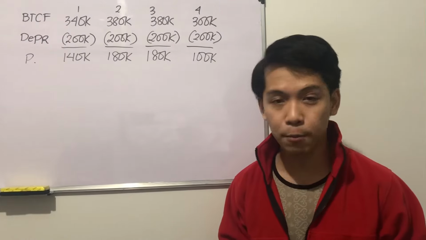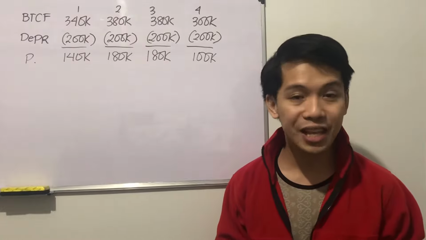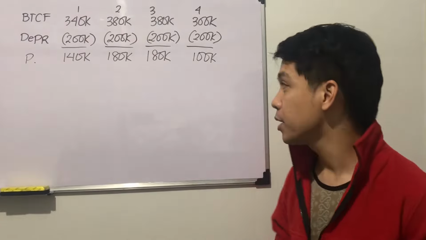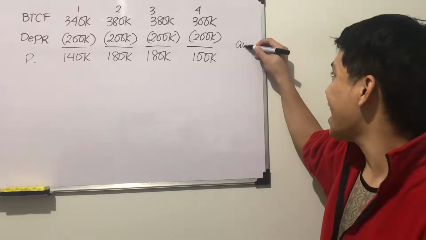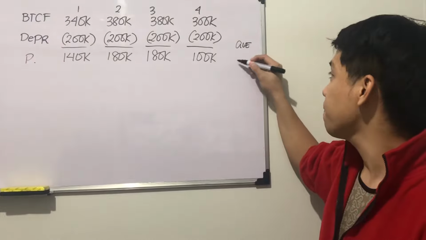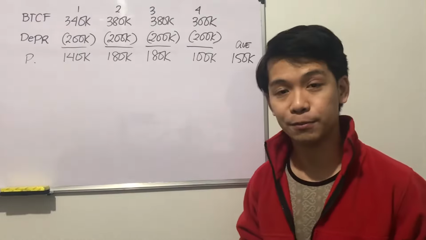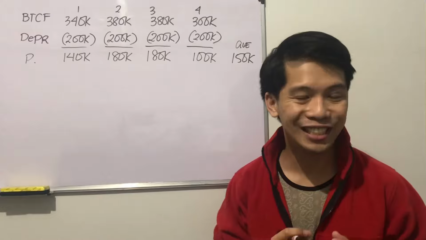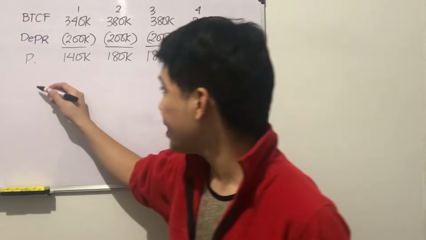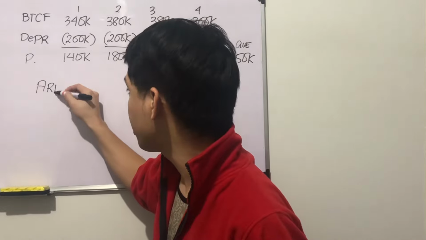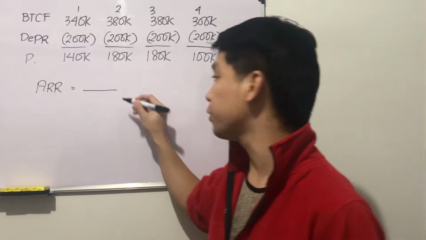Since we have different profit figures for each year, we just need to take the average of the 4. Taking the average of these 4, we are going to have an average annual profit of 150,000 pesos. Let us now calculate the accounting rate of return. So you would have ARR equal to profit over investment.